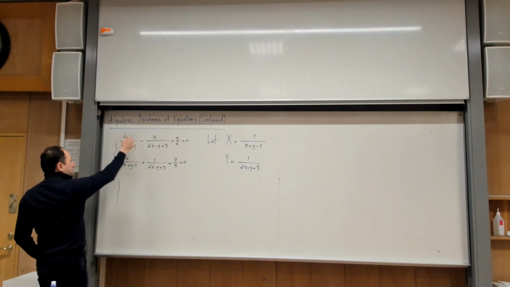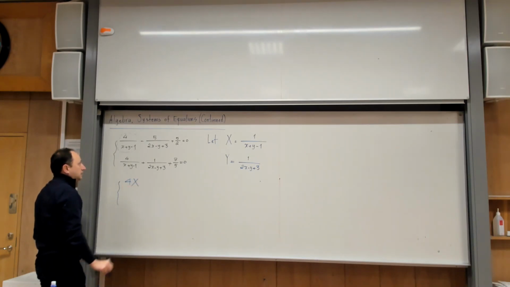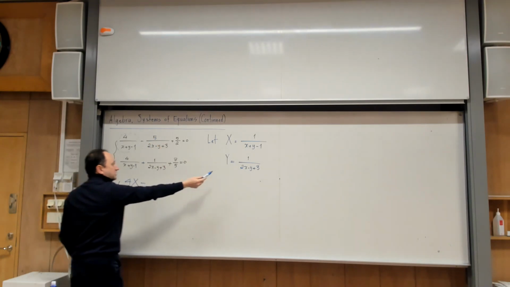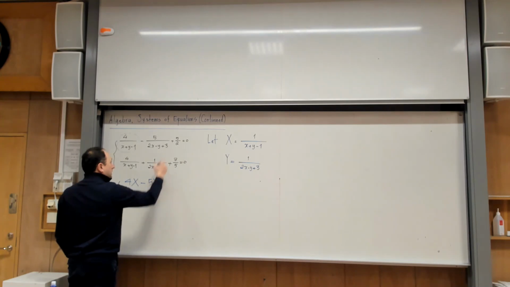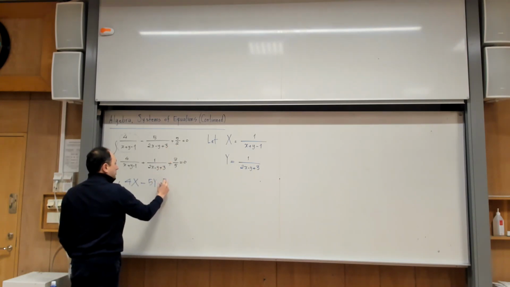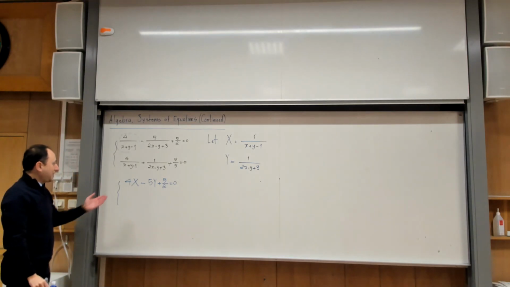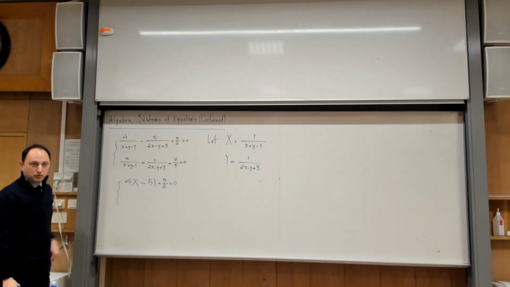So this expression is 4 capital X minus, this is 5 times this expression, so it is 5 times capital Y, and then I have plus 5 over 2 equals 0. And I hope that you agree with me that the form of this equation is simpler than the form of the previous equation, yes?